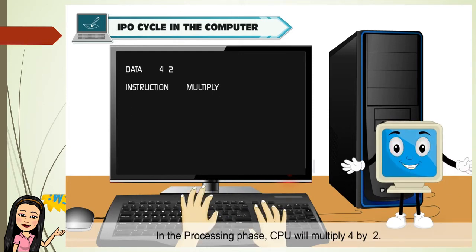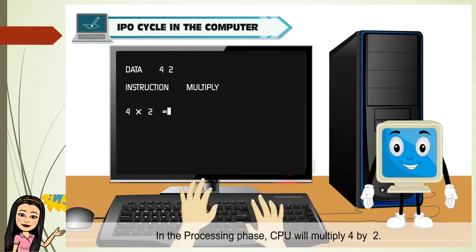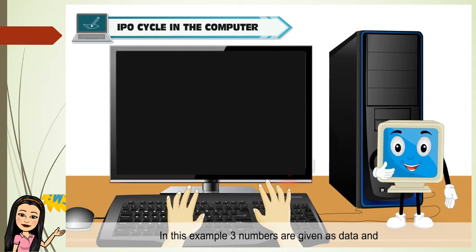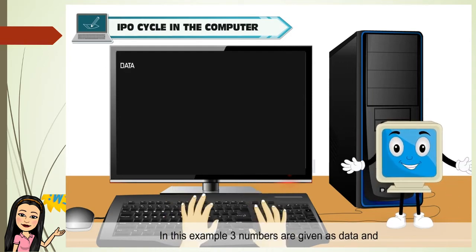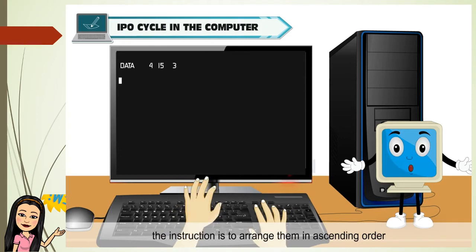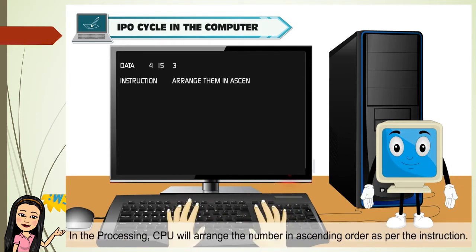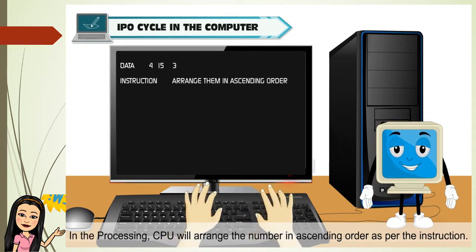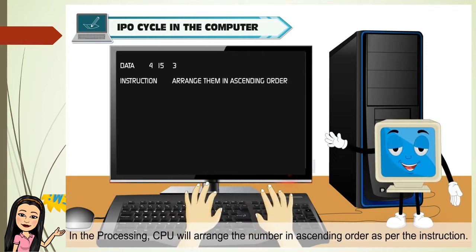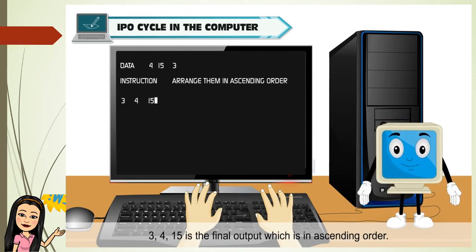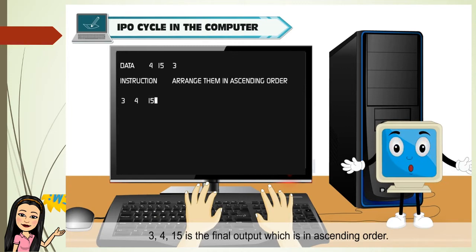In the processing phase, the CPU will multiply 4 by 2. 8 is the result or final output. In this example, 3 numbers are given as data and the instruction is to arrange them in ascending order. In the processing, the CPU will arrange the numbers in ascending order as per the instruction. 3, 4, 15 is the final output, which is in ascending order.